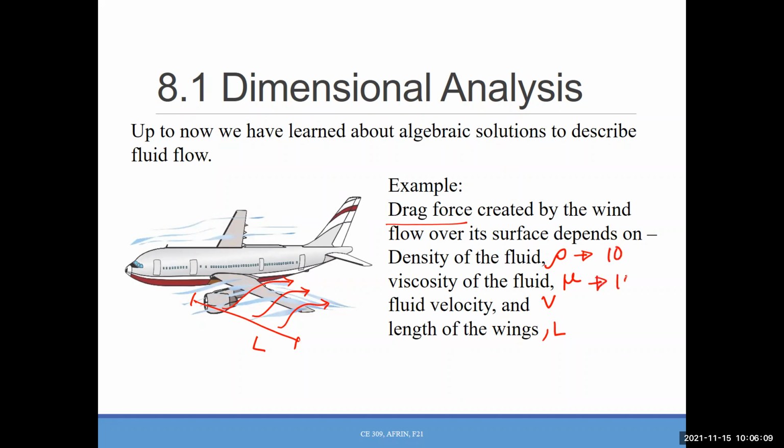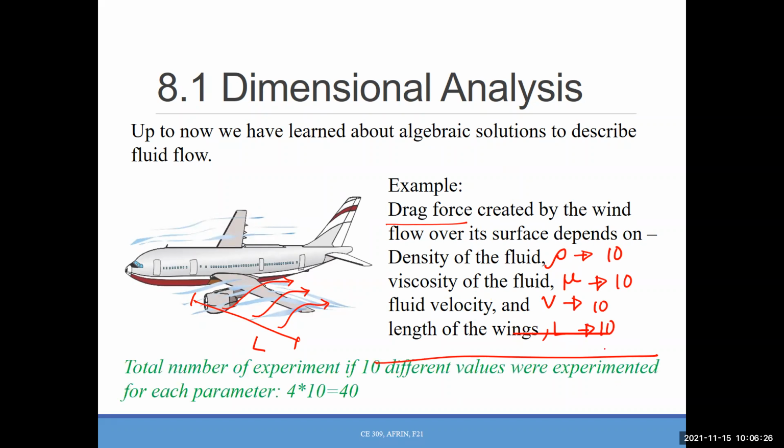You will change the viscosity 10 times with all the other parameters constant. You can change the velocity 10 times and keep the other parameters constant, same as for length. So just for this simple strategy, you need to do in total 40 experiments, right? That is just the simple strategy.